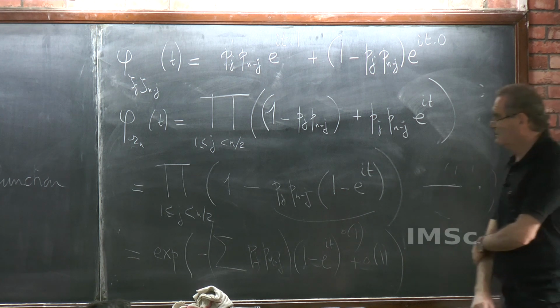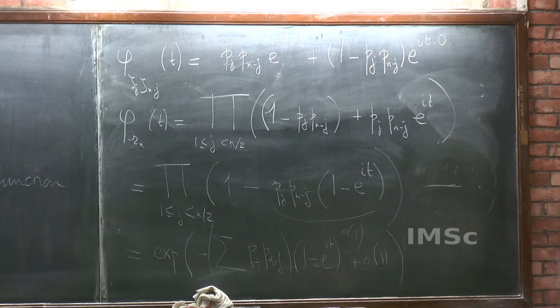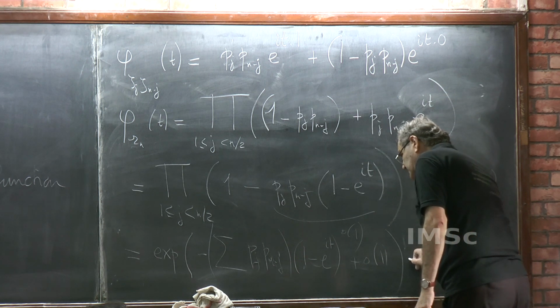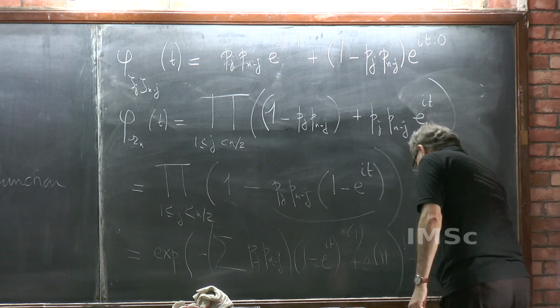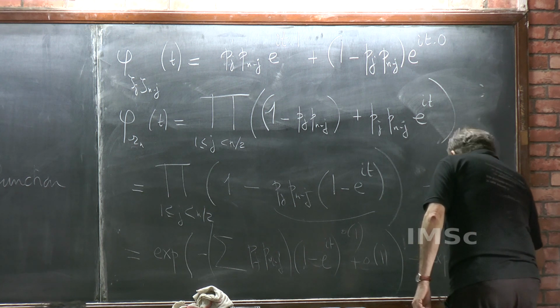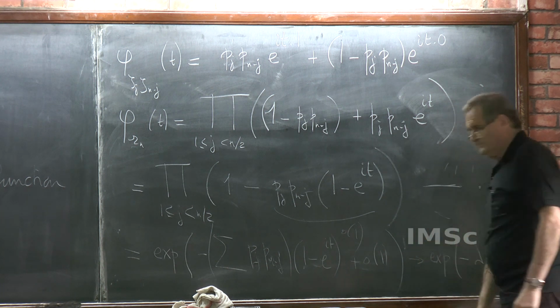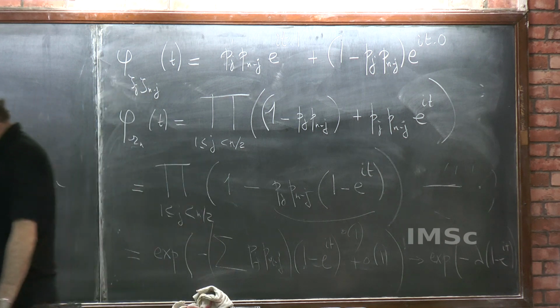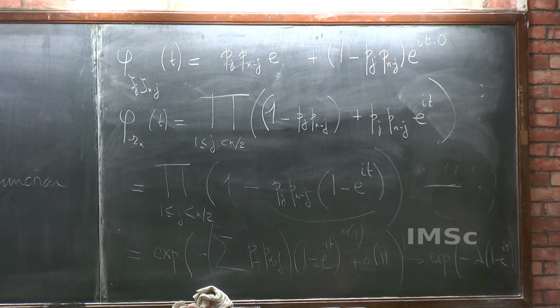But what we were saying is that this sum tends to a limit, which is the case for our pseudo square. We are saying that this sum is tending to a limit. So when n tends to infinity, this will be converging to something which is the exponential of minus lambda times 1 minus e to the it, plus little o of 1.